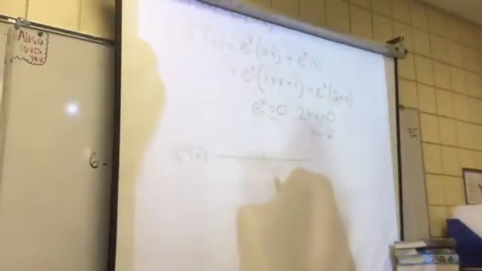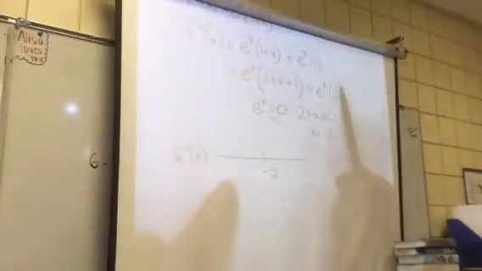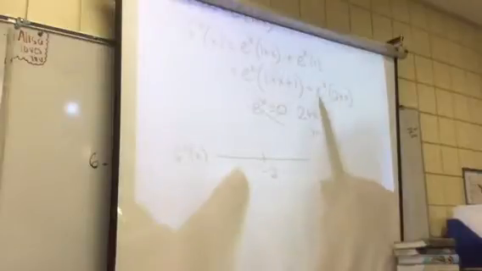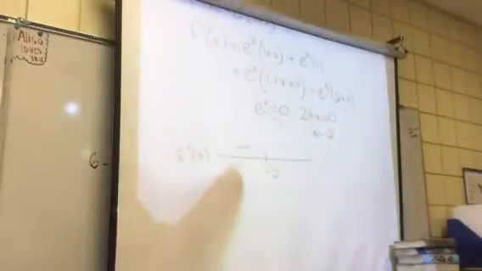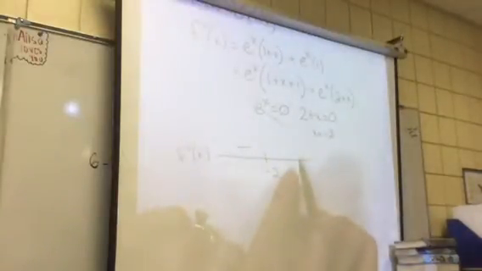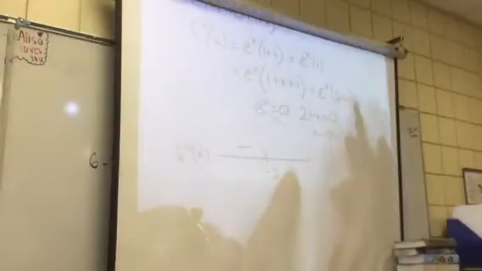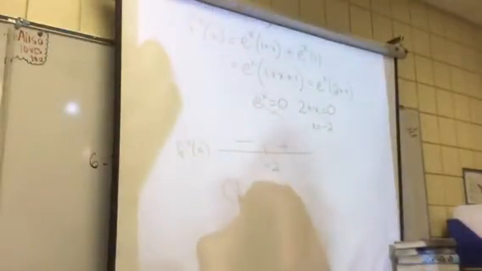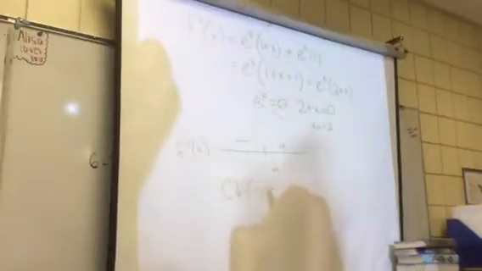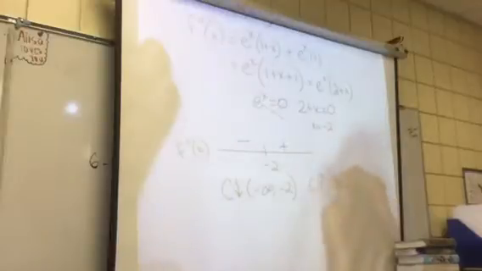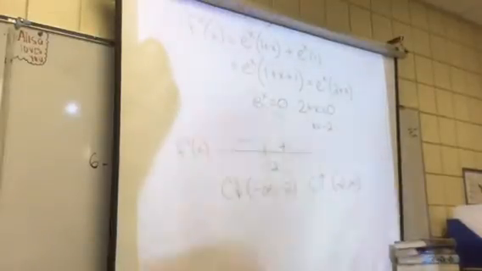So if we put -2 on our second derivative number line, if you put in -3, e to the -3 is positive, and then 2 plus -3 would be negative, so that tells us that this is negative. If we used 0, we would end up with 1 times 2, which is positive. So f of x is concave down from -infinity to -2, and concave up from -2 to infinity.